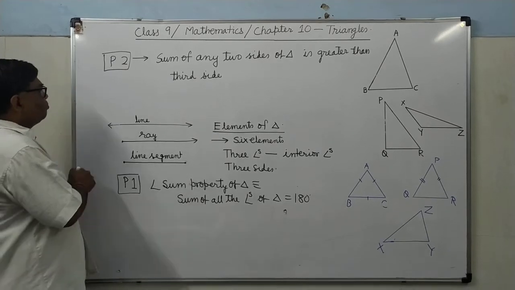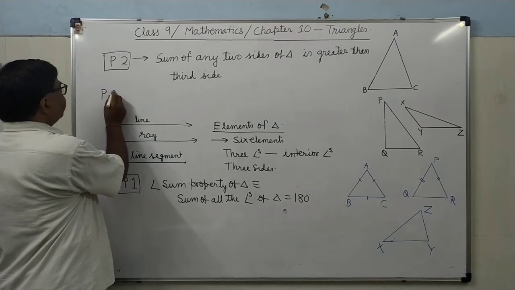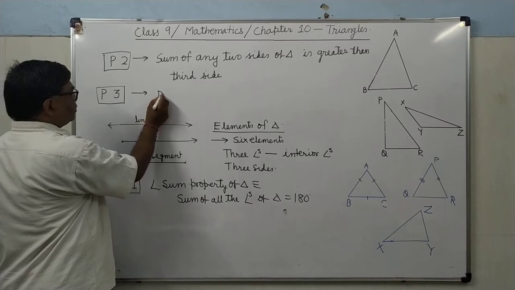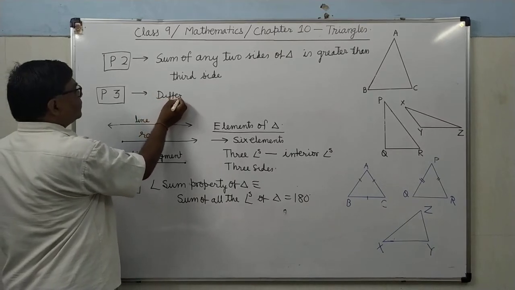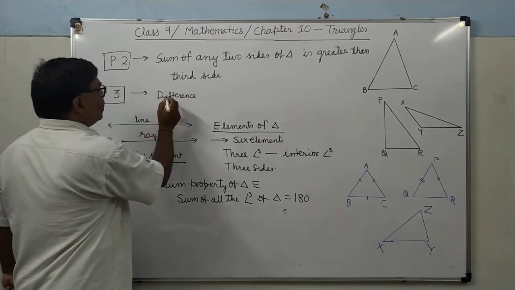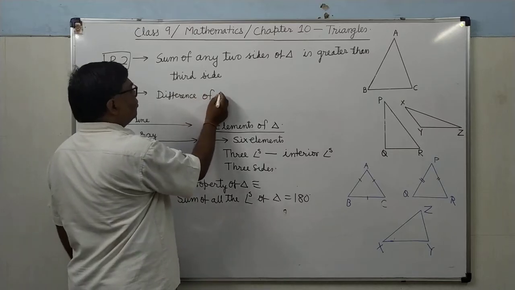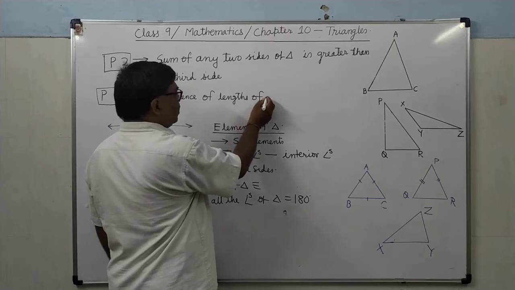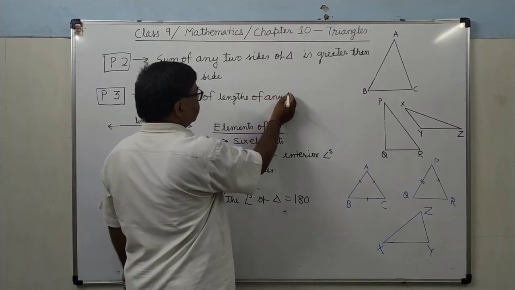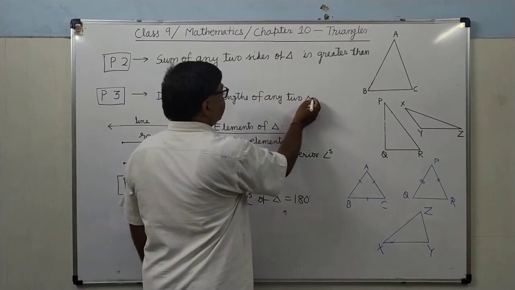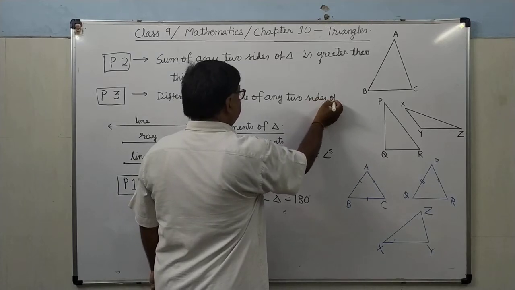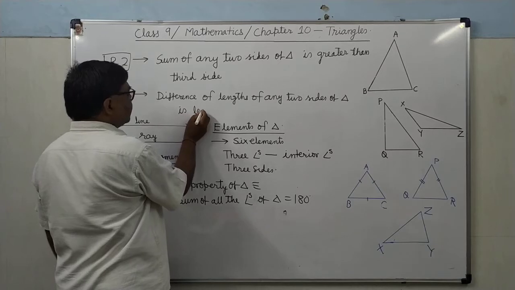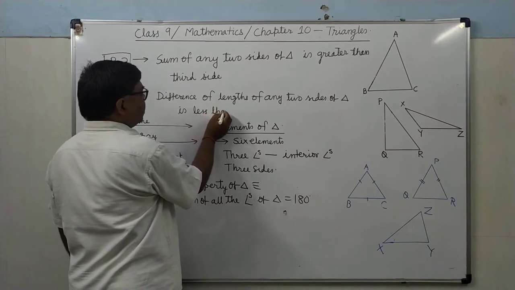There is one more property: the difference of the lengths of any two sides of a triangle is less than the third side.